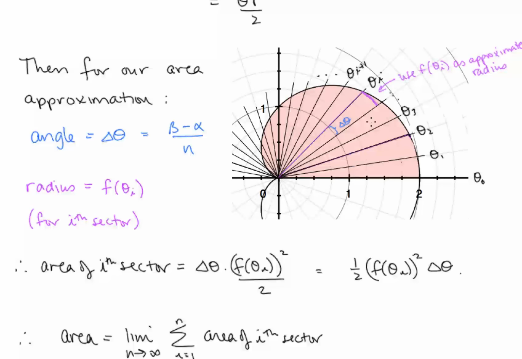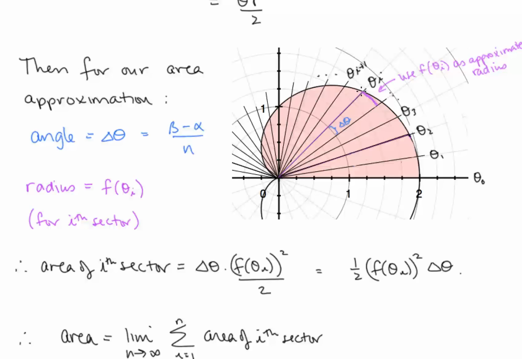For our area approximation, the angle of each sector is delta theta, and that's given by beta minus alpha over n. These are the bounds on theta, and we're dividing that difference by n. And we're going to use a circular sector with radius f of theta i. Here we see theta i, and f of theta i is the r value, the radius value.